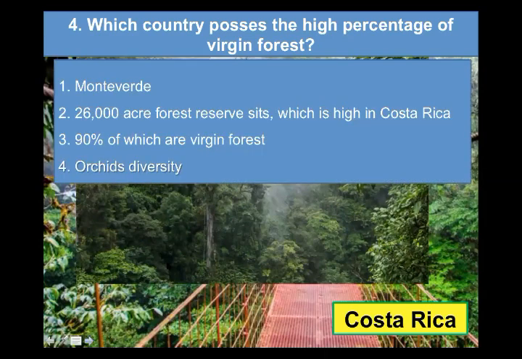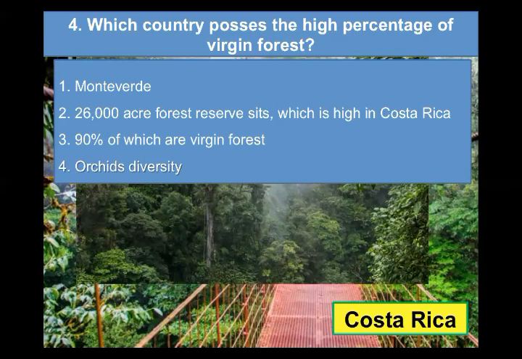The cloud forest situated in Costa Rica is called Monteverde National Park. It is about a 26,000-acre forest reserve and possesses 90% virgin forest, which means only 10% of the forest has been explored. I would say humans have entered only that part.